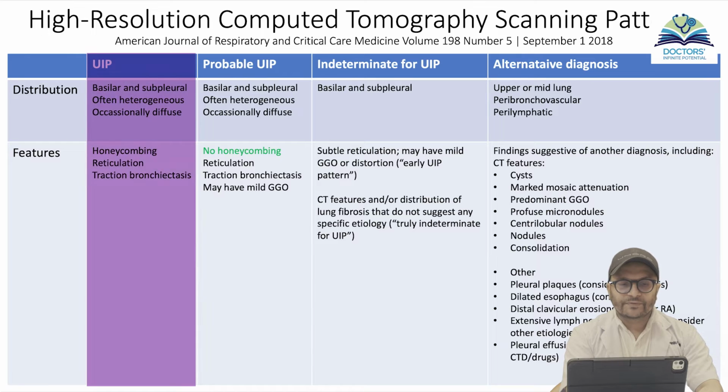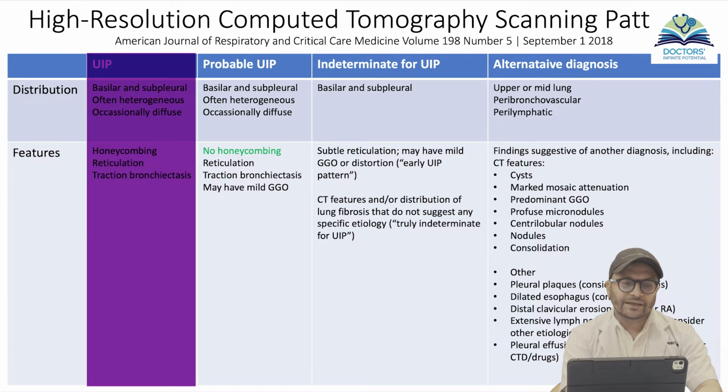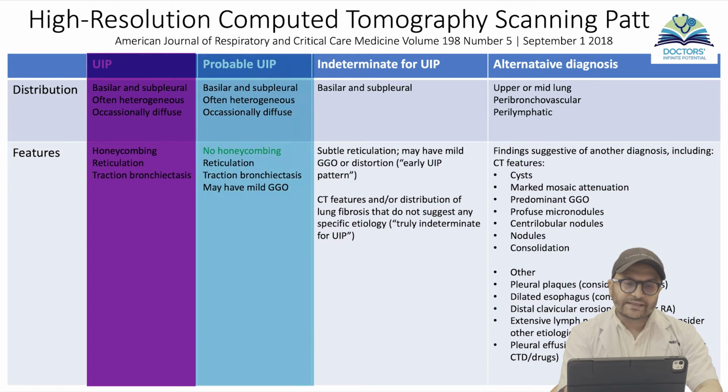UIP pattern, which means a definite UIP, is when there is basilar and subpleural distribution of the disease with associated honeycombing, reticulation and traction bronchiectasis. We will say probable UIP pattern when there are all these UIP features with no honeycombing.